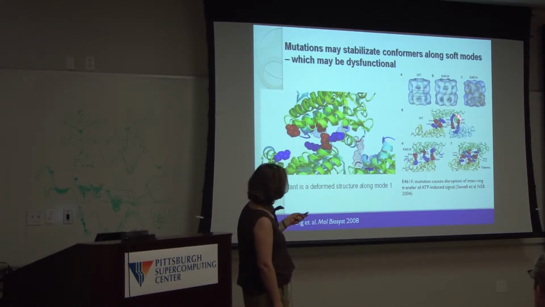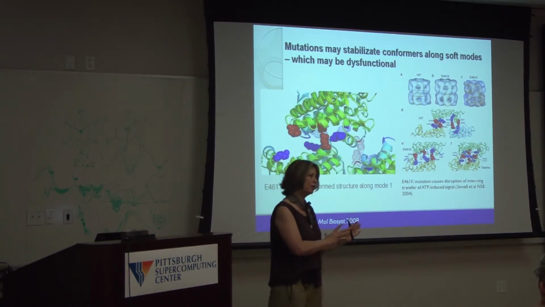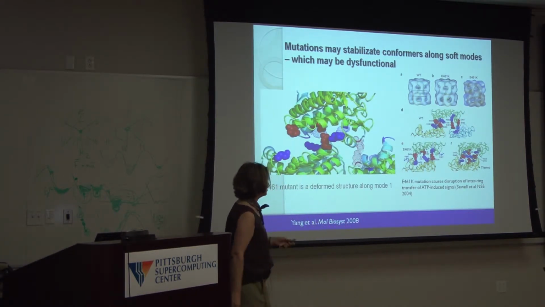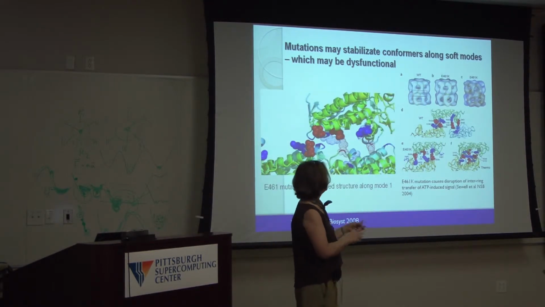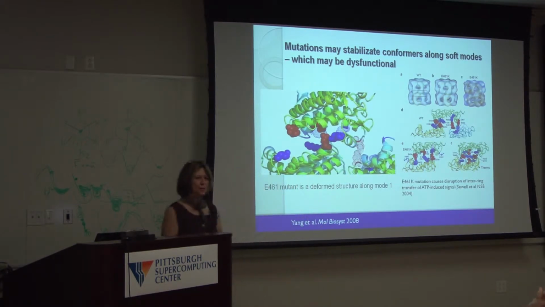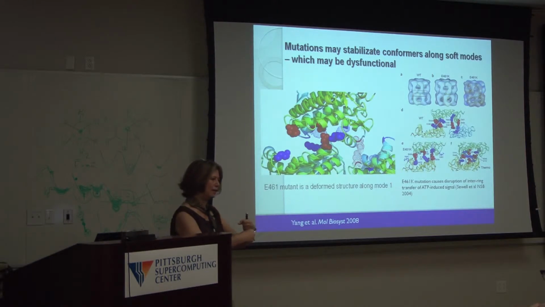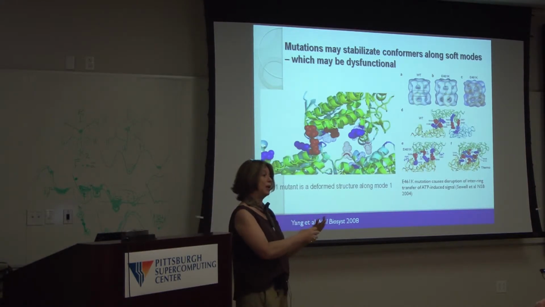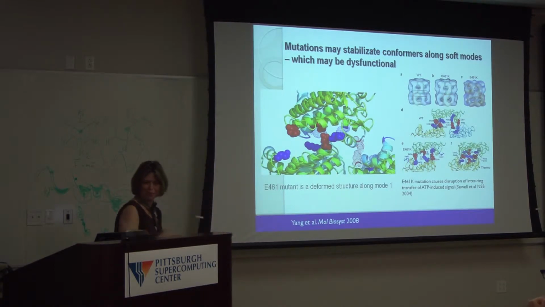Now, in the absence of this particular interaction, the proper salt bridge network, experimentally, what's being observed is that the structure is locked in this dysfunctional conformation. Okay? So it's very important to see what the ability of the molecule is, and why certain mutations are deleterious while others aren't. Okay?